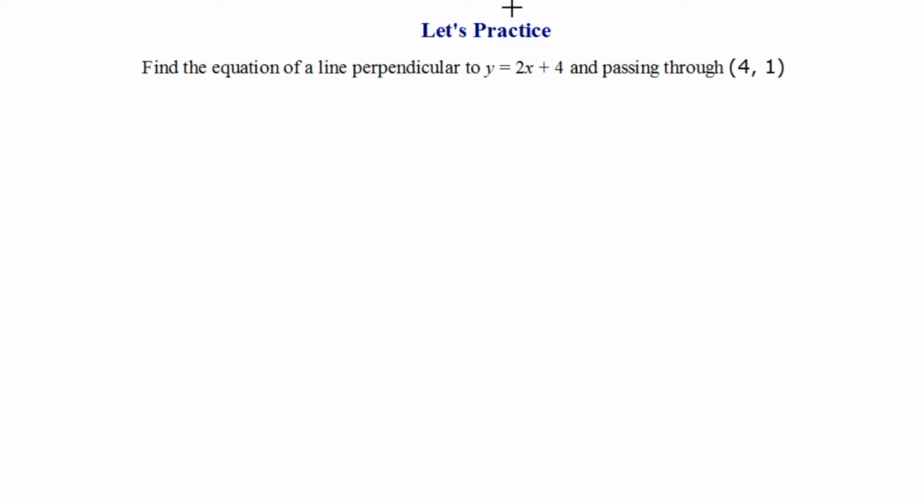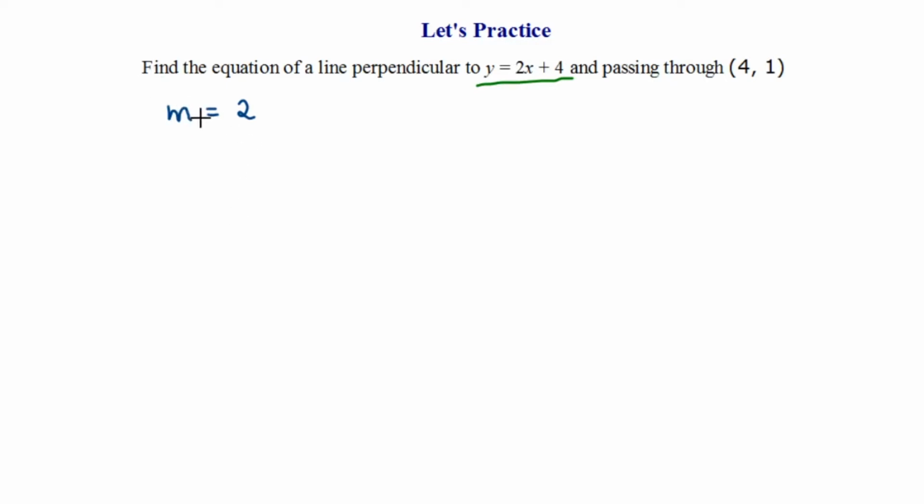Find the equation of a line perpendicular to y = 2x + 4 and passing through (4, 1). First, we'll find the gradient of the given line. By comparing it with slope-intercept form, the coefficient of x, that is 2, is the gradient of this line. We know that for perpendicular lines, the product of slopes or the product of gradients is -1.